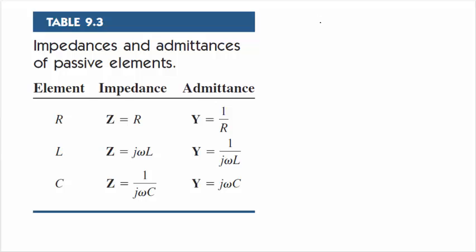So we can have an impedance in a circuit that is some kind of complex number, like 5 plus j2. The 5 would come from a resistor value, and the 2 would come from an inductor value, for example. And so we can have a resistance that's a complex quantity.